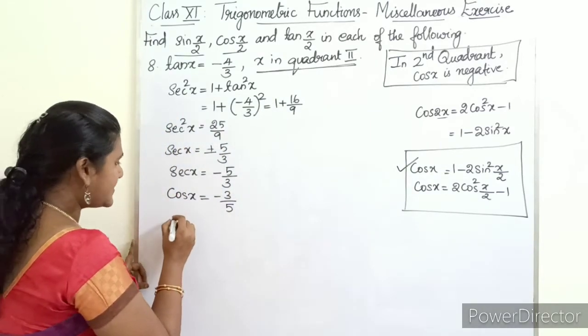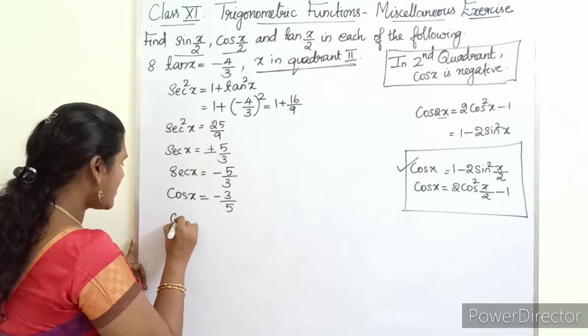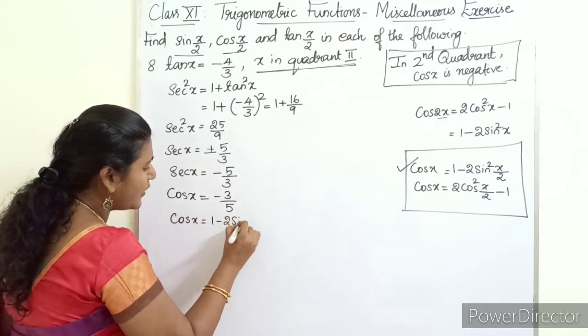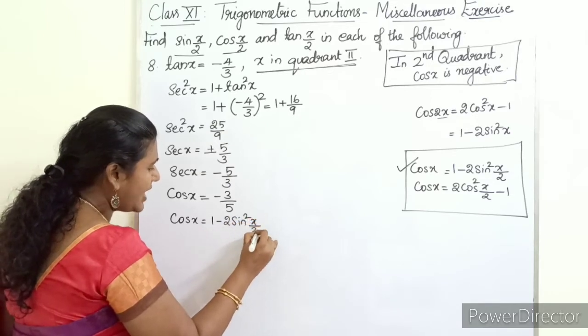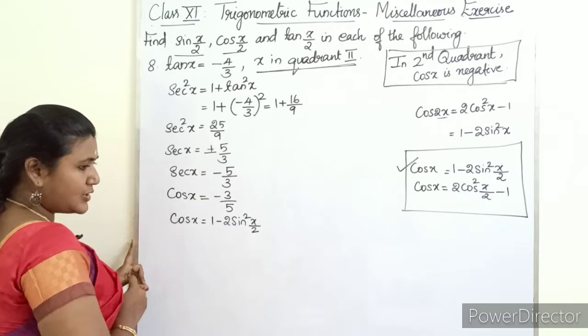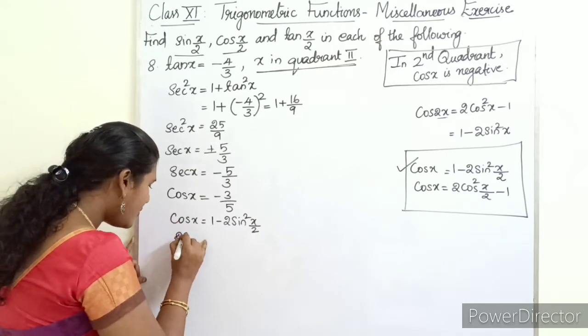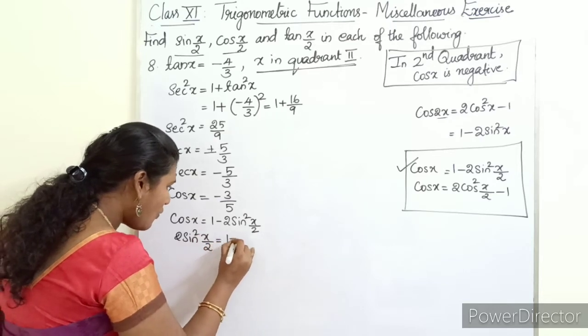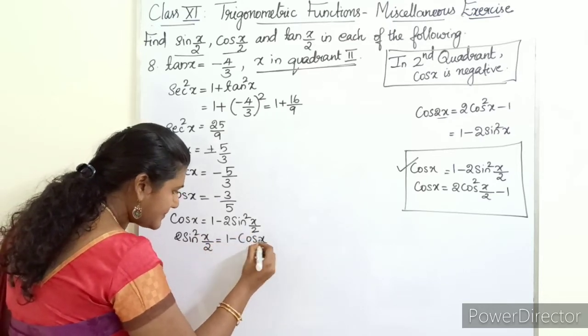So here we will substitute. cos x is equal to 1 minus 2 sin square x by 2. We will bring this 2 sin square x by 2 to this side, so 2 sin square x by 2 is equal to 1 minus cos x.